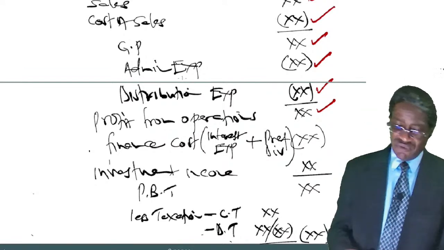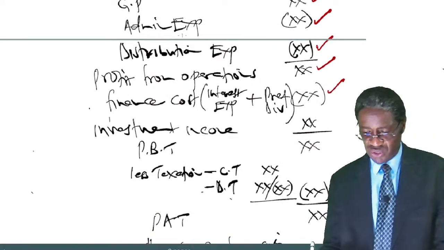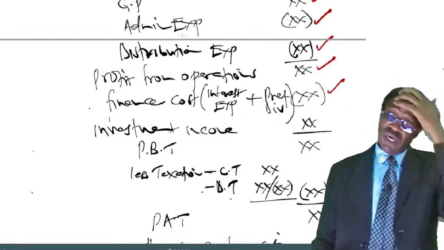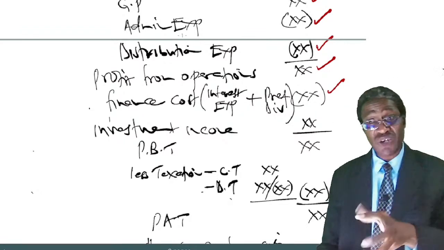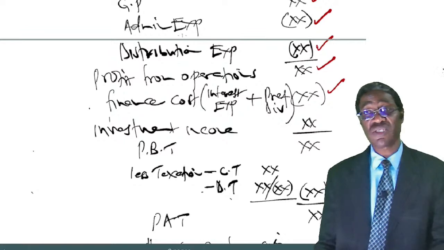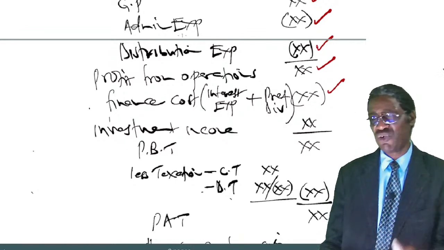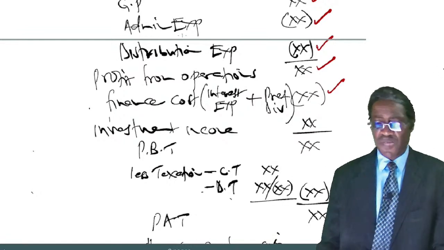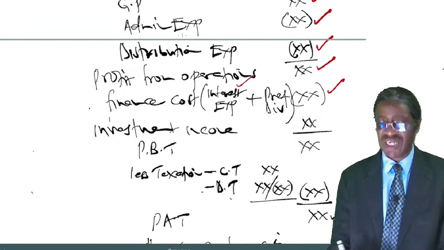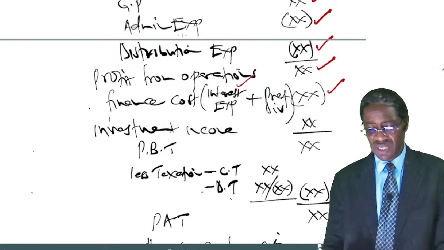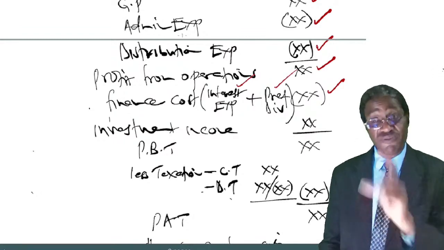Then I've told you to charge the finance cost. That one we have dealt with a bit. In fact, we are not through yet. There are a lot of challenges, especially in that area of finance cost, but I've just highlighted a few of them. I've given one example of a finance cost in terms of interest, and the second, which is preference dividend.